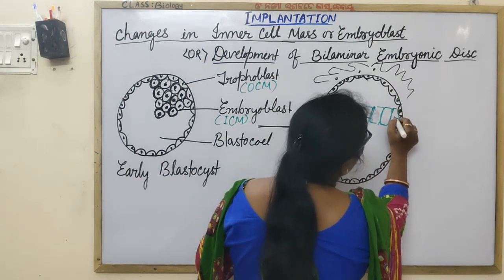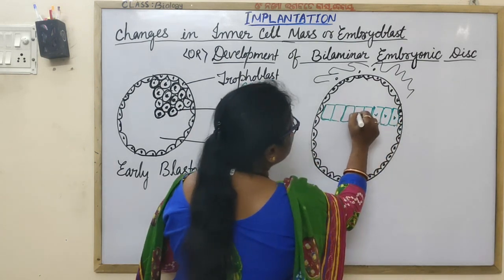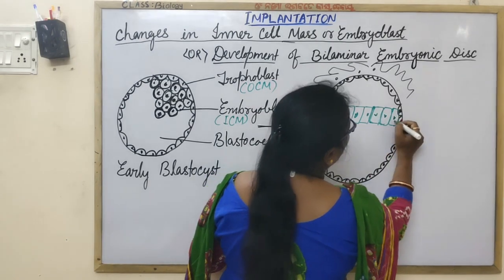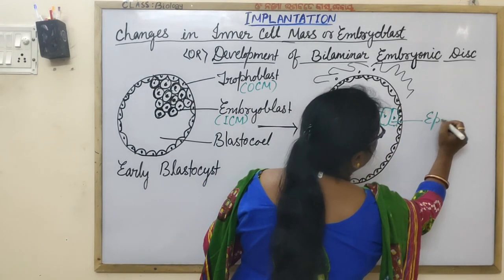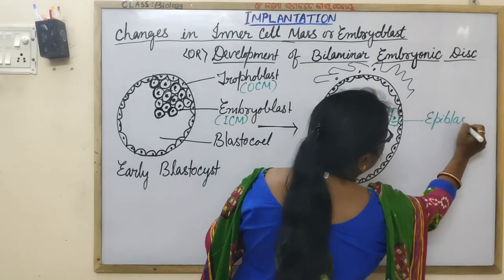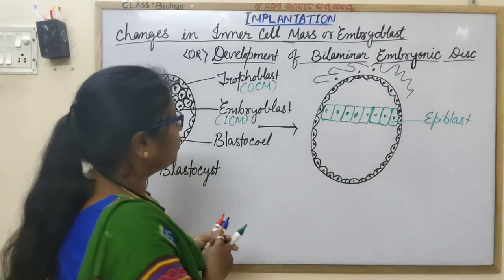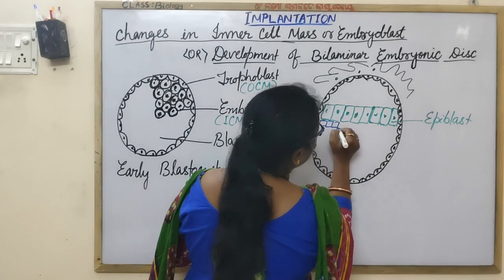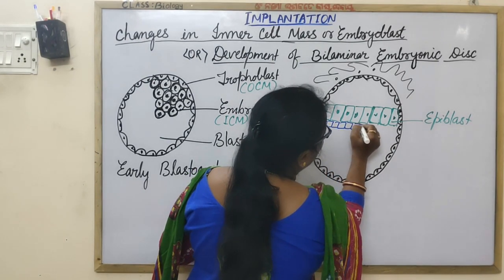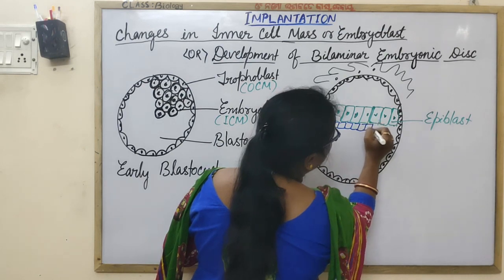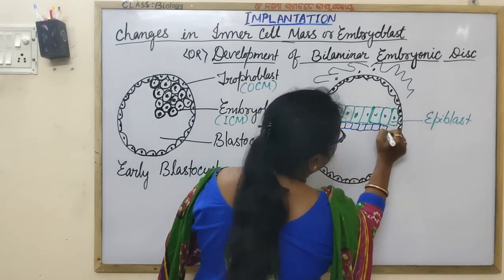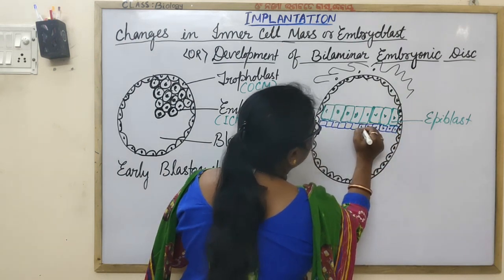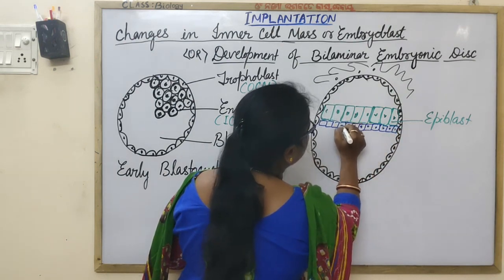The upper layer is composed of columnar cells called epiblast, whereas below the epiblast there is a layer of cuboidal cells called hypoblast.